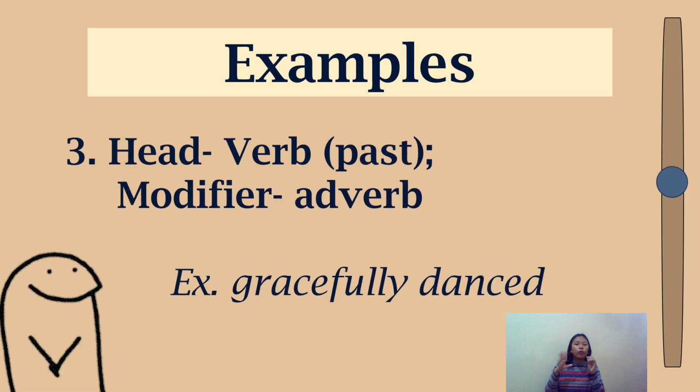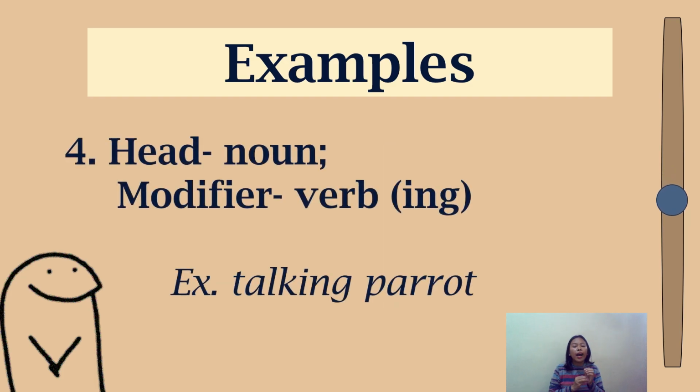Number 3, here the head is a verb in past tense, and our modifier is an adverb. For example, we have here gracefully, an adverb that modifies the verb danced, which is in past tense. Number 4, the head is again a noun and the modifier is a verb with ing.